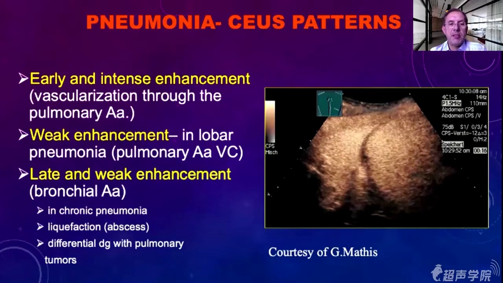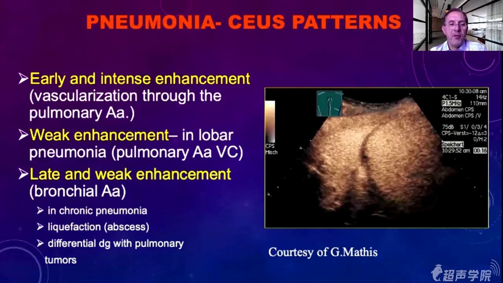In some cases, and here there is an overlap with the pattern seen in tumors, we have a late and weak enhancement because the contrast agent arrives through the bronchial artery branches, and this happens usually more often in chronic pneumonia, but also in cases when there is a liquefaction of the pneumonia.